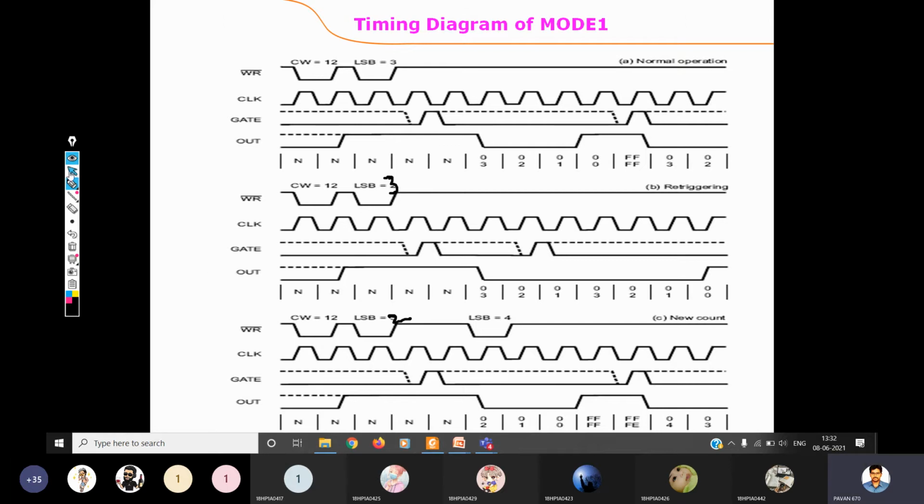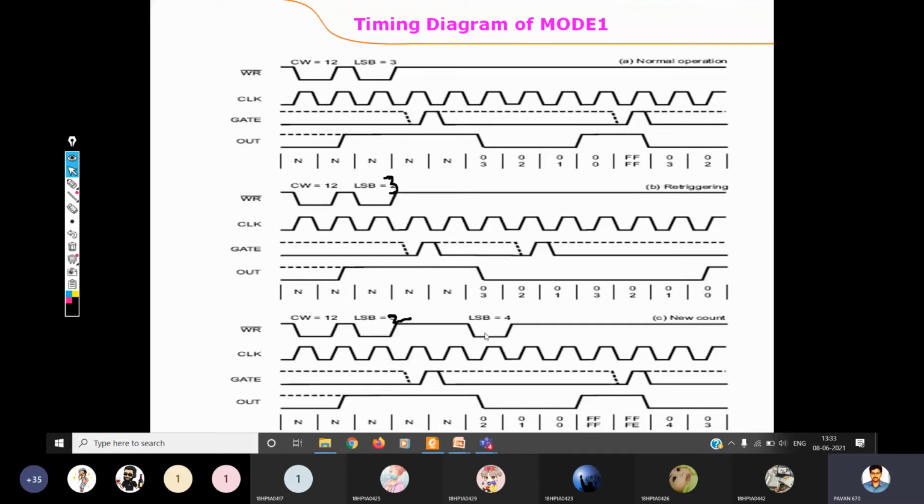So now try to understand what is happening. Based on the previous value 2 loaded here, and since the gate triggering is enabled after the loading of the value, it takes 1 clock pulse time, and then the counting operation is initiated. So the output signal goes low, and it stays low till it reaches the terminal count value.